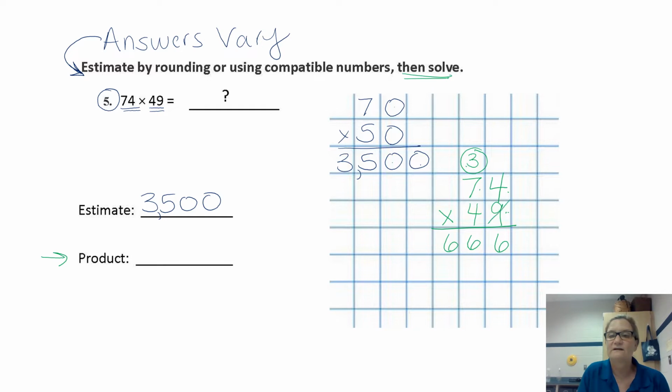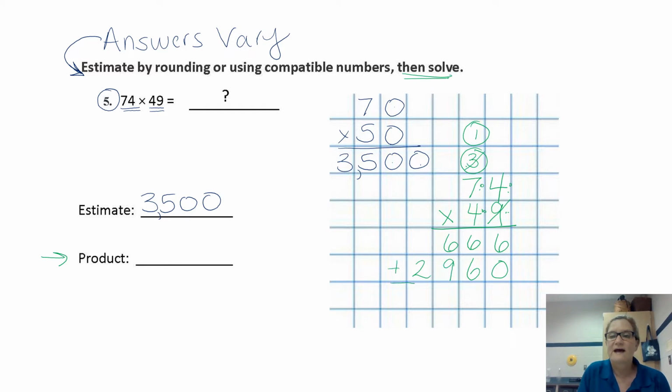I cross out the 9 because I'm done with it. I add a 0. 4 times 4 is 16, carry the 1. 4 times 7 is 28, plus 1 is 29.